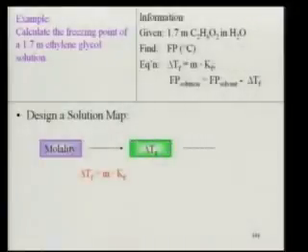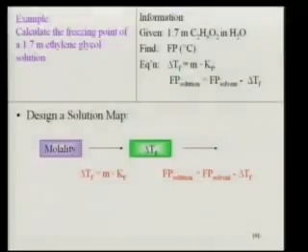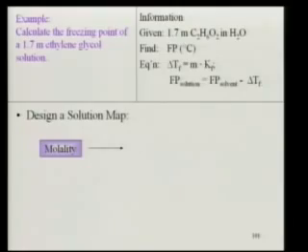All right, so in this case, we plug in our numbers. Take 1.7 times whatever the freezing point constant is.